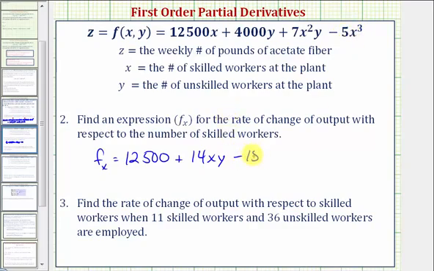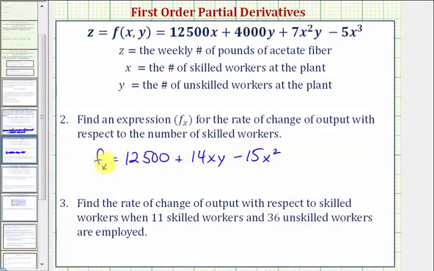Number 3, we want to find the rate of change of the output with respect to skilled workers when 11 skilled workers and 36 unskilled workers are employed. Because we're trying to find the rate of change of the output with respect to skilled workers, or with respect to x, we want to evaluate the partial derivative with respect to x when x equals 11 and y equals 36.